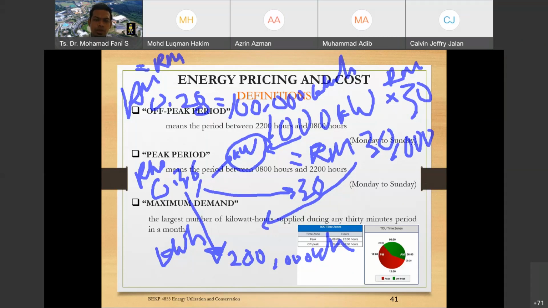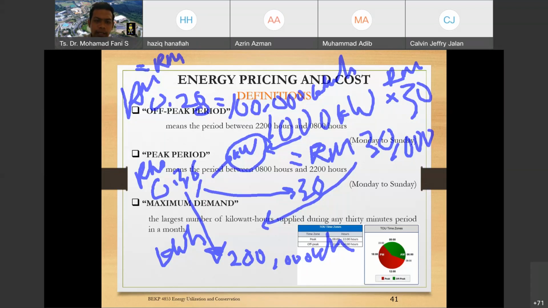RM 0.2 multiply with 100 kilowatt hour. So what's the total cost for the off-peak period? The price for the off-peak, 0.2 multiply with the 100 kilowatt hour.